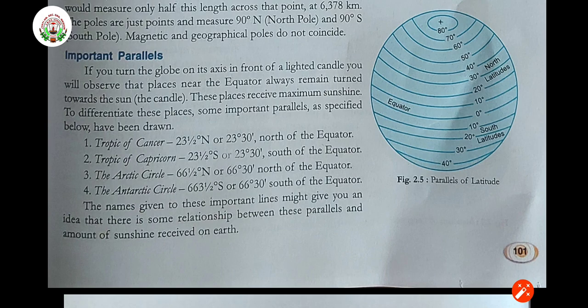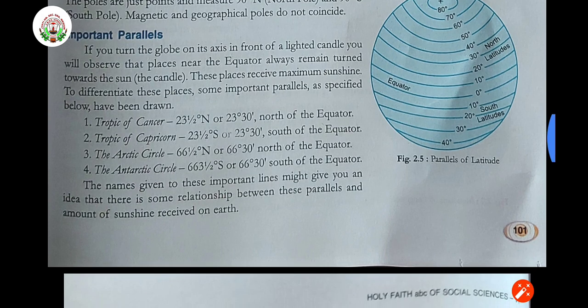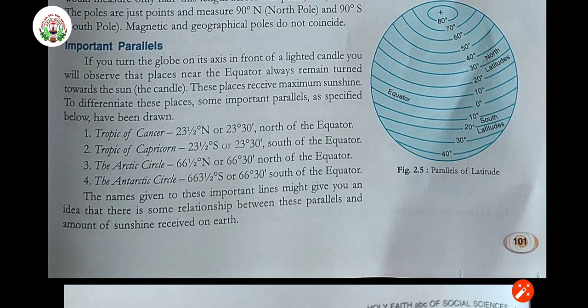Tropic of Cancer, 23.5 degree north or 23 degree 30 minutes north of the equator. Tropic of Capricorn, 23.5 degrees south or 23 degree 30 minutes south of the equator. Arctic Circle, 66.5 degree north or 66 degree 30 minutes north of the equator.